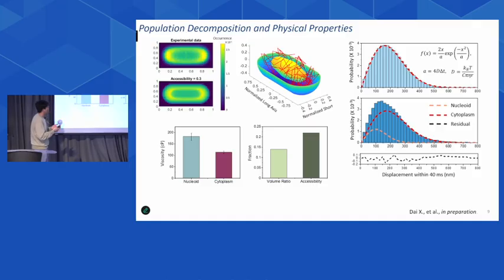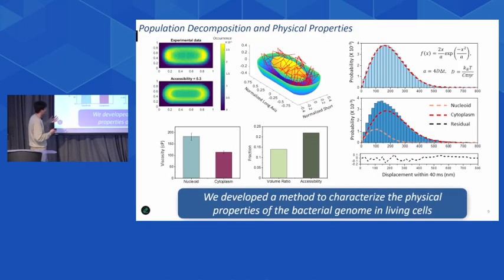We show that we can use the step size within the nucleoid region to get the nucleoid viscosity. But similarly, if we extract the step size within the cytoplasmic region, we can also get the cytoplasmic viscosity as well. So that's the 4 new dimensions, 4 new features we provided for this field, for microbiology, for genome organization studies.